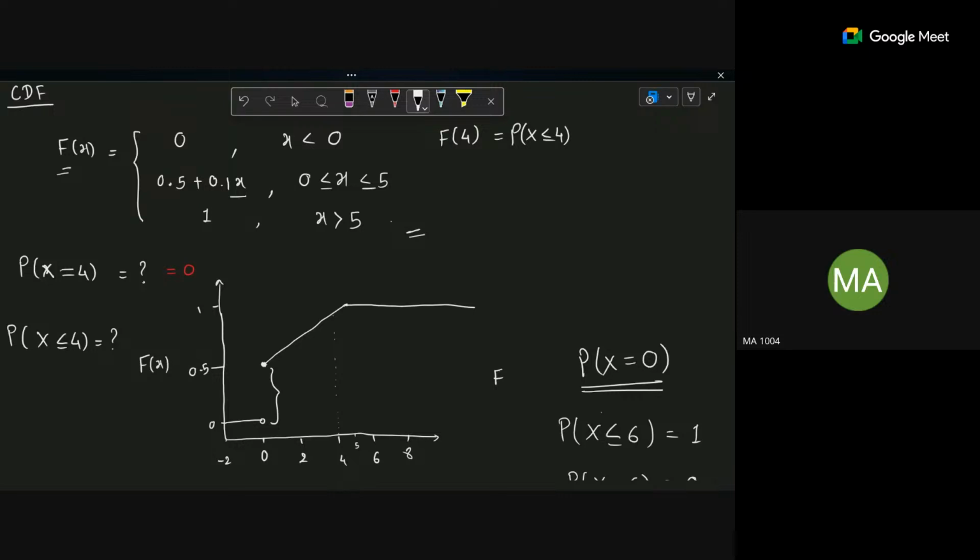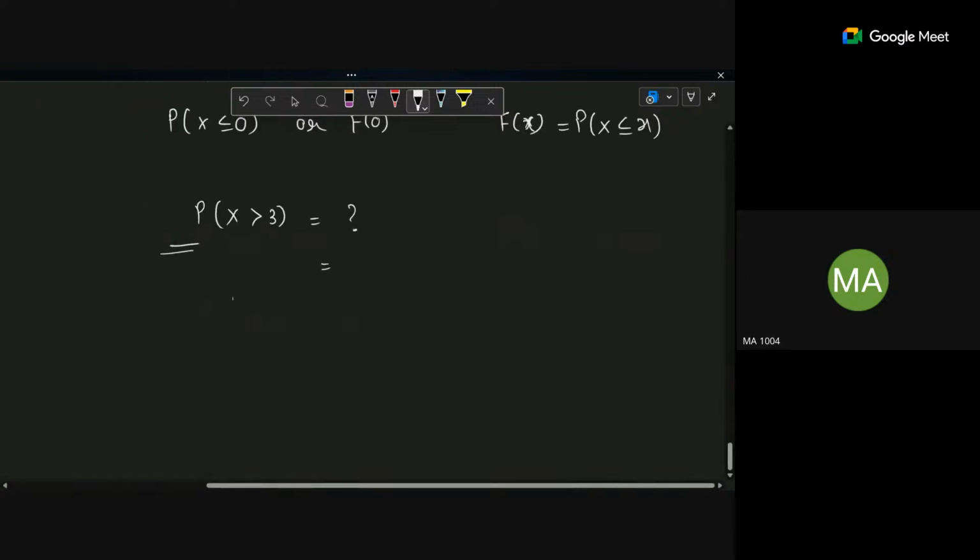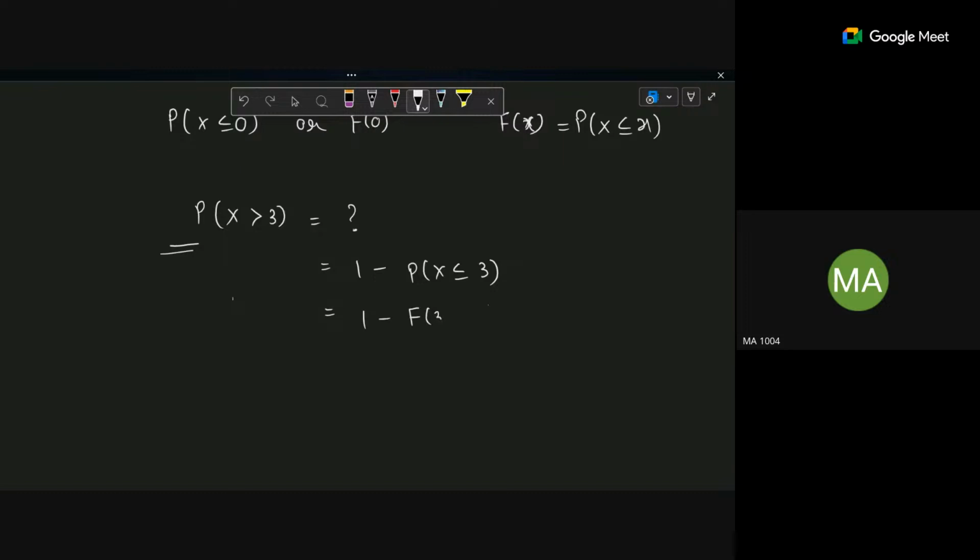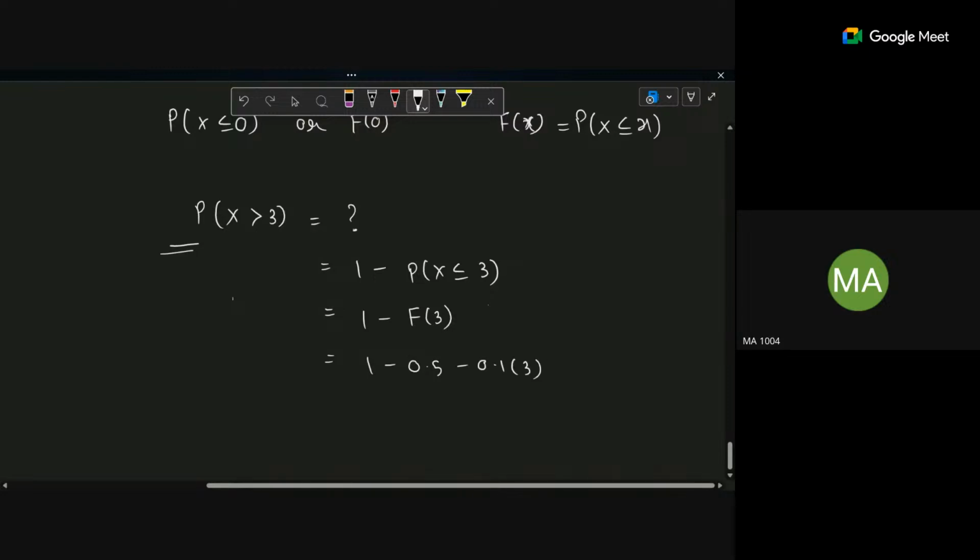Fine. Probability x greater than 3 is nothing but 1 minus probability x less or equal to 3. This x less or equal to 3 is nothing but f of 3, right? That is 1 minus 0.5 minus 0.1 into 3. Yeah, it's 0.2.